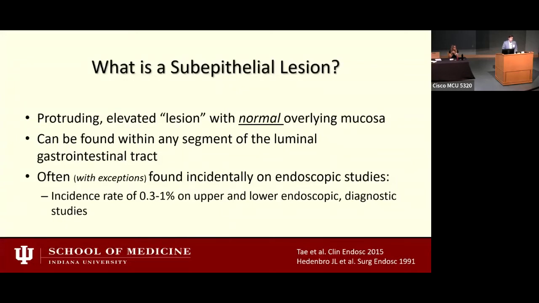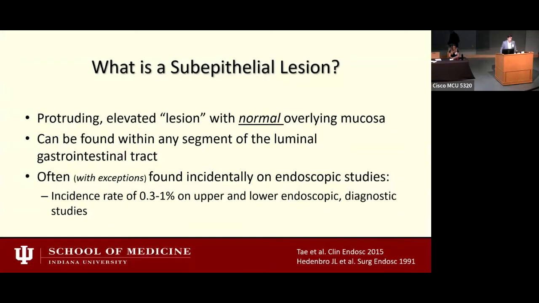Sometimes I joke with my trainees and my colleagues that it feels like sometimes I'm the director of gastrointestinal lumps and bumps. But I'm glad that this topic was selected, and certainly it's an important dimension of gastroenterology to have an algorithm for.